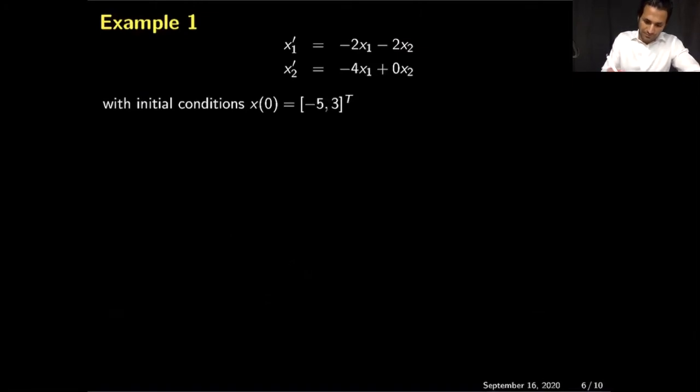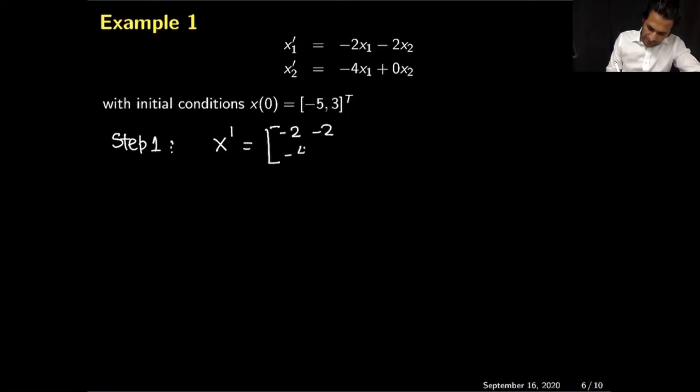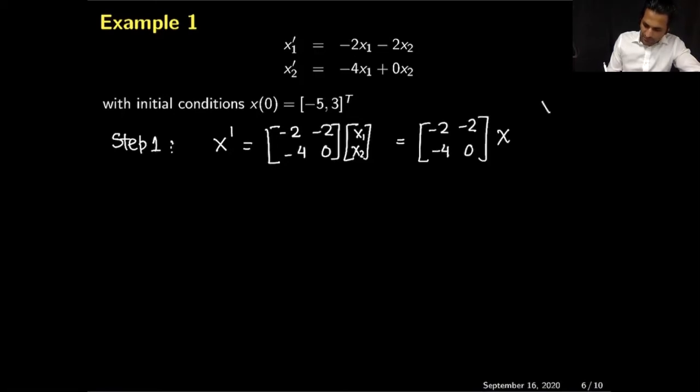In step number 1, I will rewrite this system as x prime equals a coefficient matrix, which this time is 2, -2, -4, 0, times the vector x, which is x1, x2. It's a column vector.